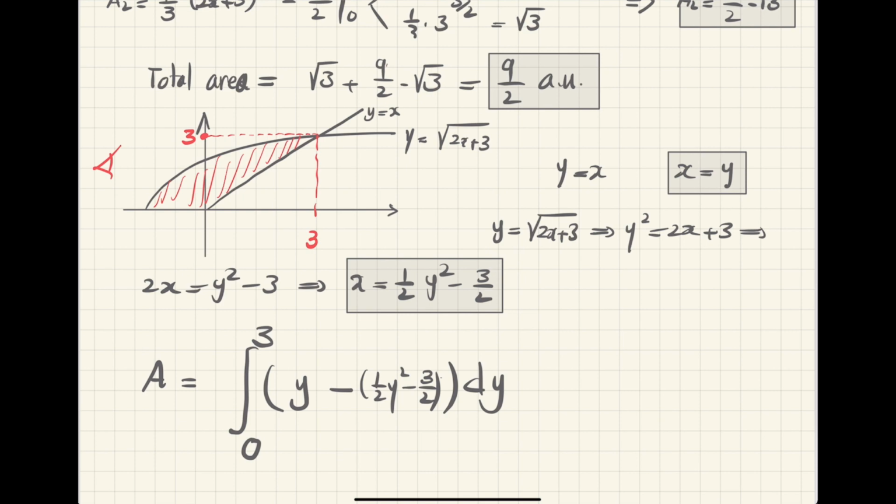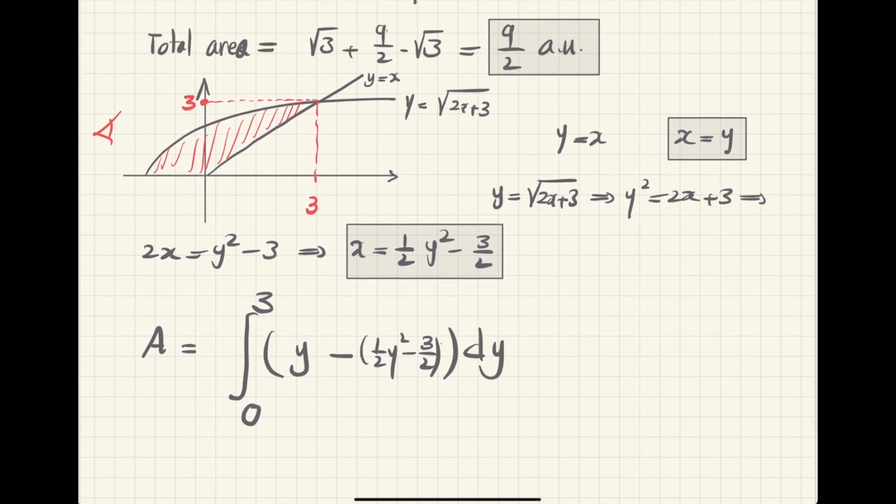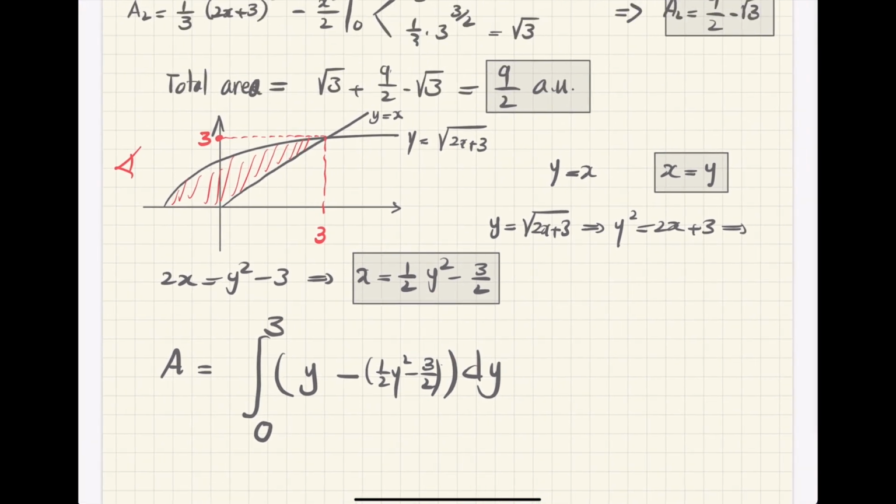Okay. Maybe the book is considering it this way, but even understanding this is a level 3 problem, not a level 2 problem. Now you see I can solve this very simply by interchanging the perspective from x to y. Is this understandable for everyone? I have changed the perspective from x to y, so instead of dx I have dy, but what I want to write are no longer functions of x, I want to write functions of y.